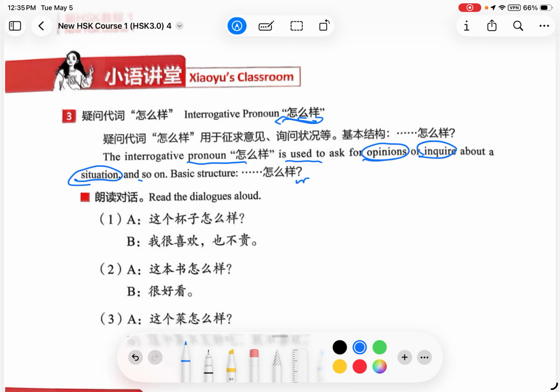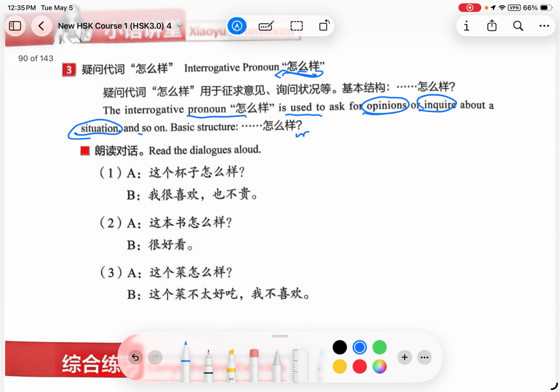It means how about. 这个杯子怎么样? How about this cup or mug? I like it and it's not expensive. It's like when you walk in a mall, you see a beautiful cup, you grab it and ask your partner, 这个杯子怎么样?